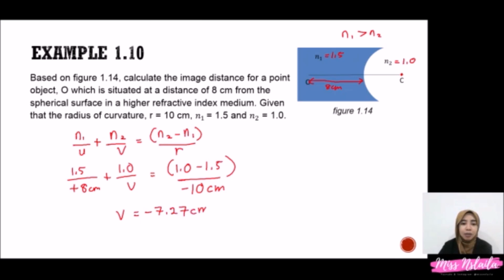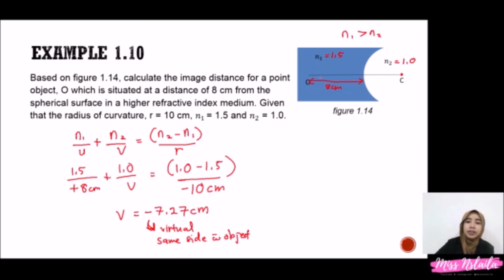From this equation, we will get V equal to negative 7.27 centimeter. What does negative mean? Negative for V shows that the image is virtual and forms on the same side as the object, with a distance of 7.27 cm from the surface.